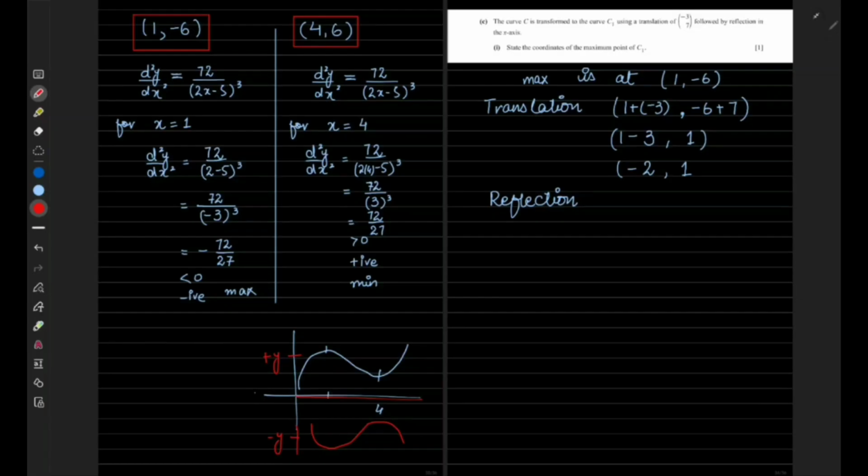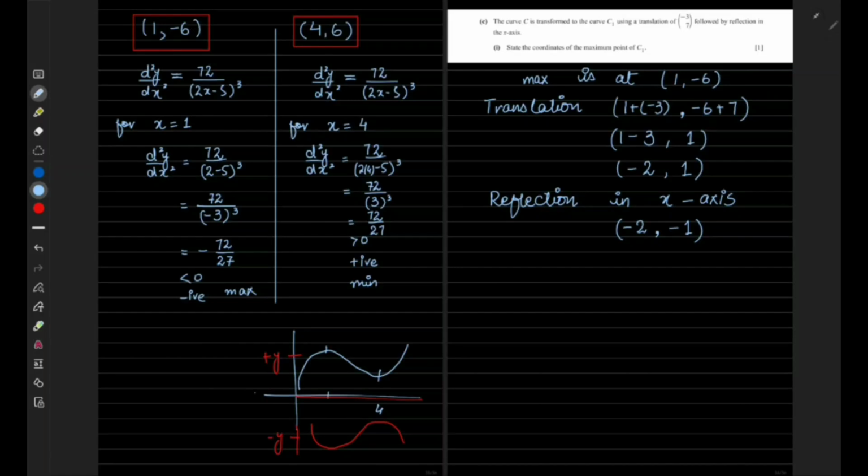Okay, so reflection in x-axis means only the sign of y is changed. So -2 comma -1 will be your final coordinates after reflection.